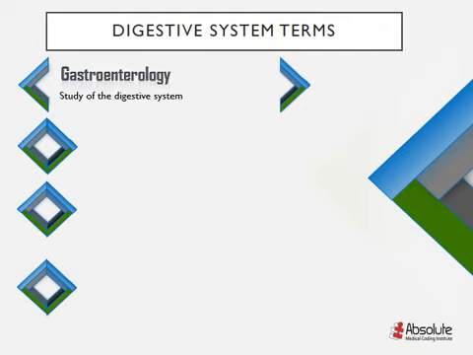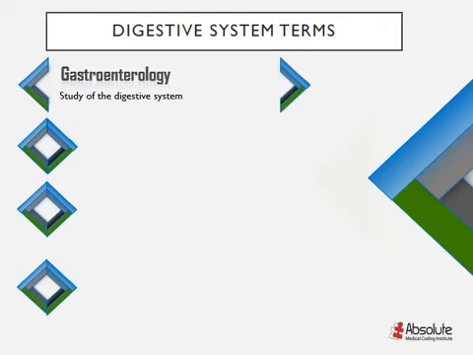So when you look at gastroenterology, we break it down into its components. Gastro means stomach. Enter is the small intestine. Ology is the study of.